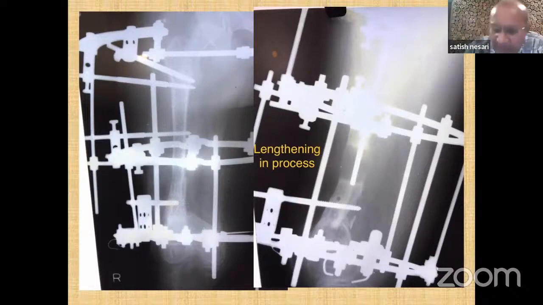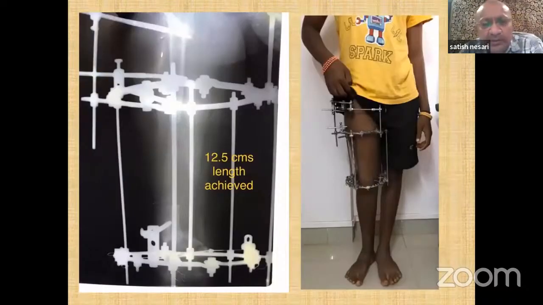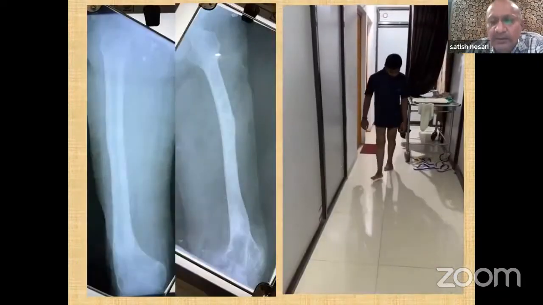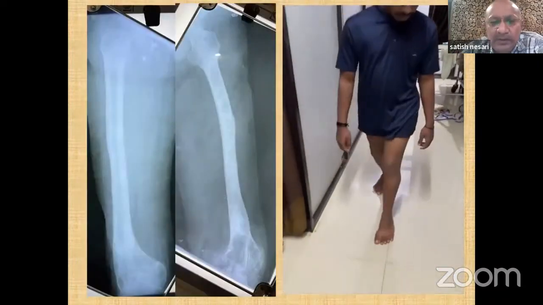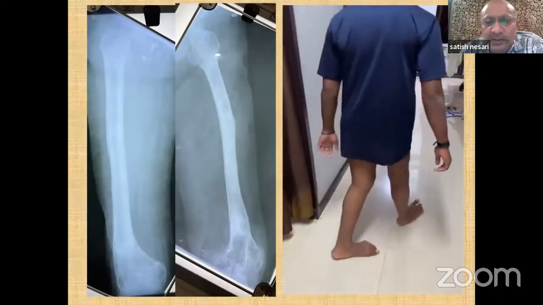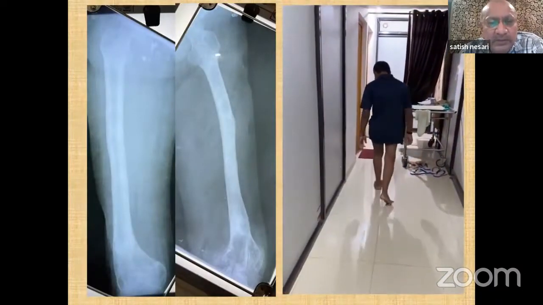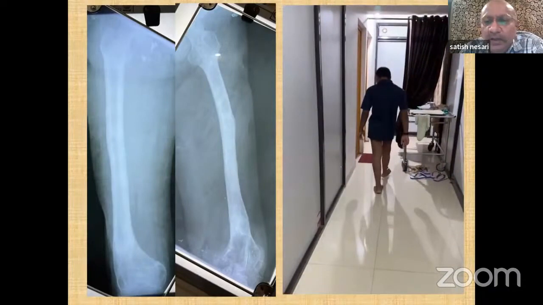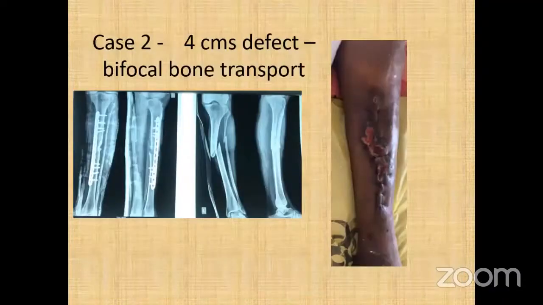So I proceeded with the lengthening process and could achieve a good 12.5 centimeter regenerate. Here you can see the limb length has been equalized. At the end of 13 months, the bone has nicely united and the patient is walking nicely and is back to his college.